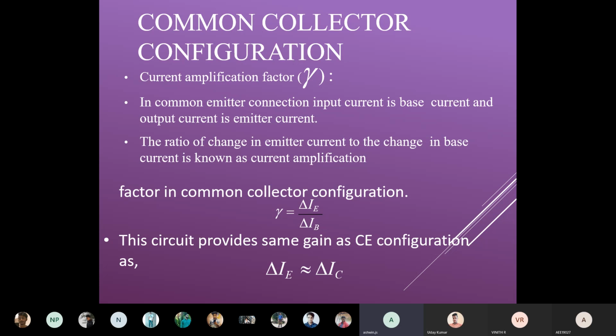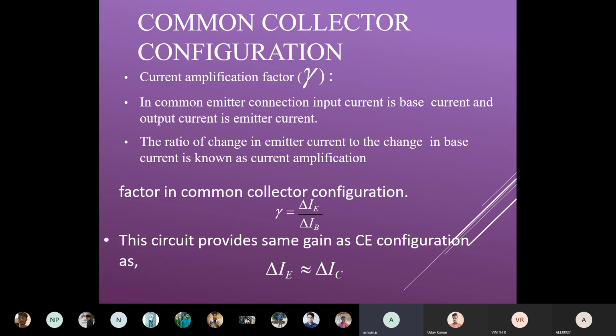If you look at the common emitter configuration, the output is the collector current and the input is the base current. So the ratio of collector current to base current is represented by beta. Here also the input is changing. In the common collector, the ratio compares the emitter current with respect to the base current.